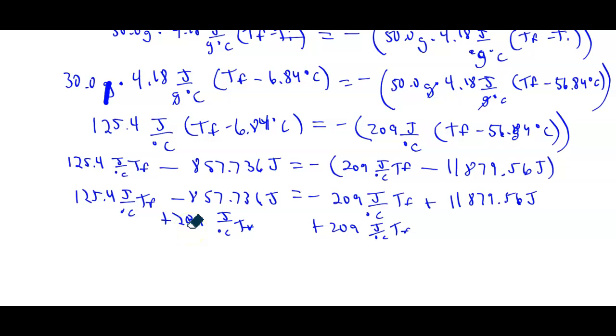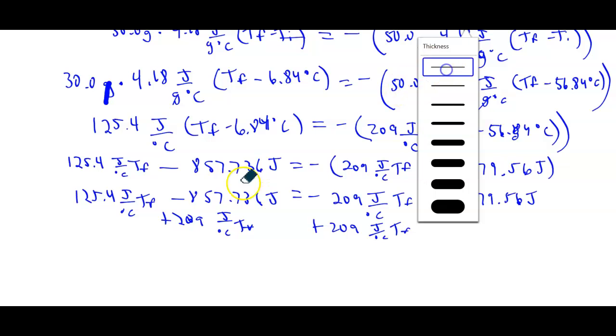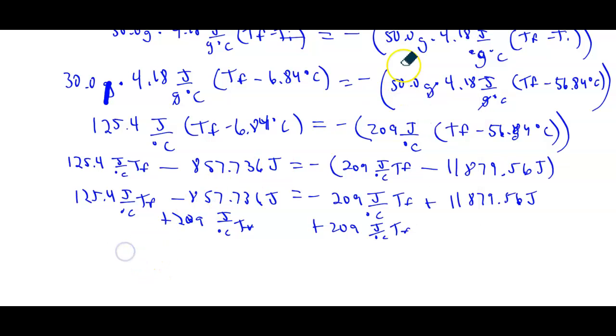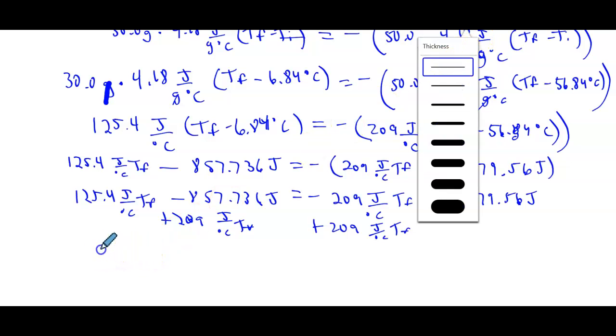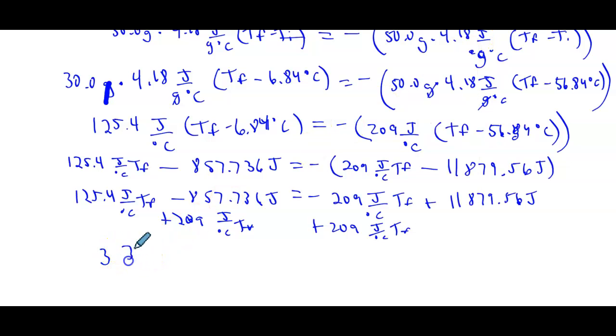Okay, so that math is going to be 125.4 plus 209. So I'm going to get 334.4 T, let's put our units in there, joules per degree Celsius T sub F.